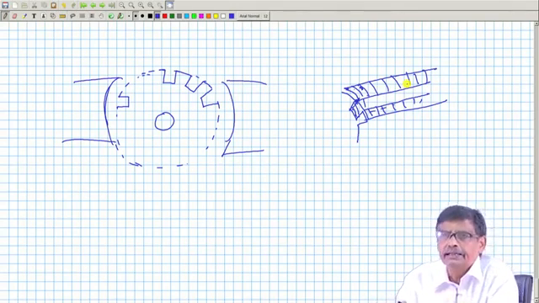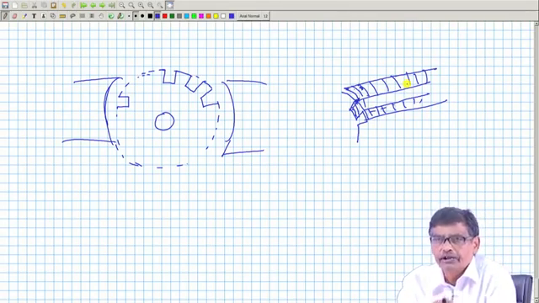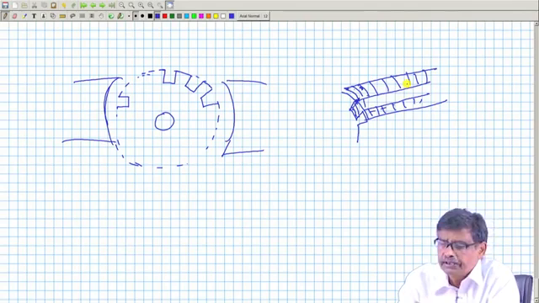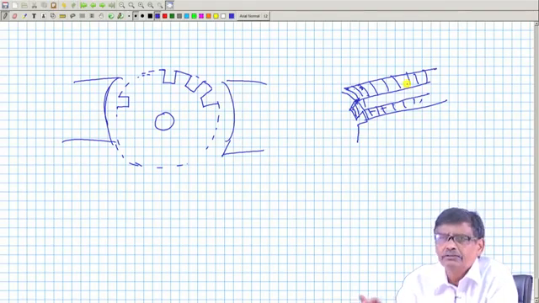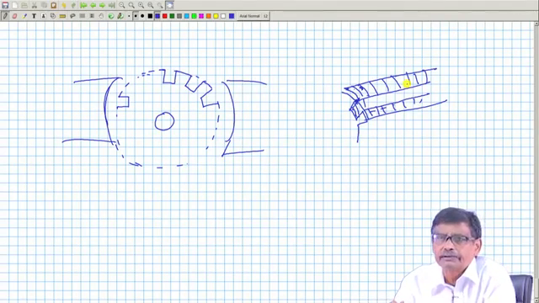But nonetheless, for a given field current, if you are not touching the field current and suppose the speed of the machine is constant, then the eddy current loss will practically remain constant.